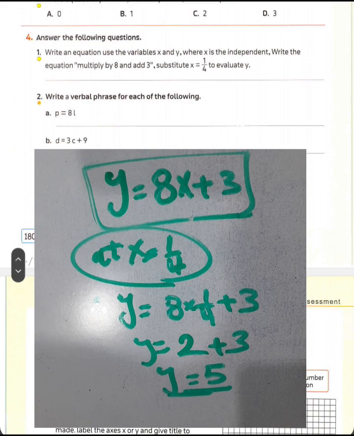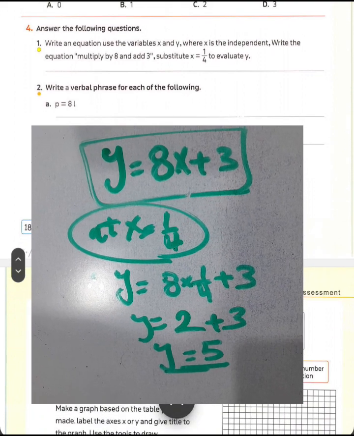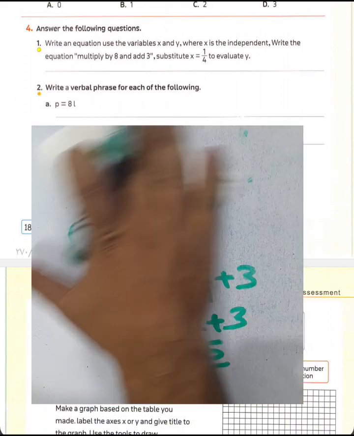Question number 2. Write a verbal phrase for each of the following.